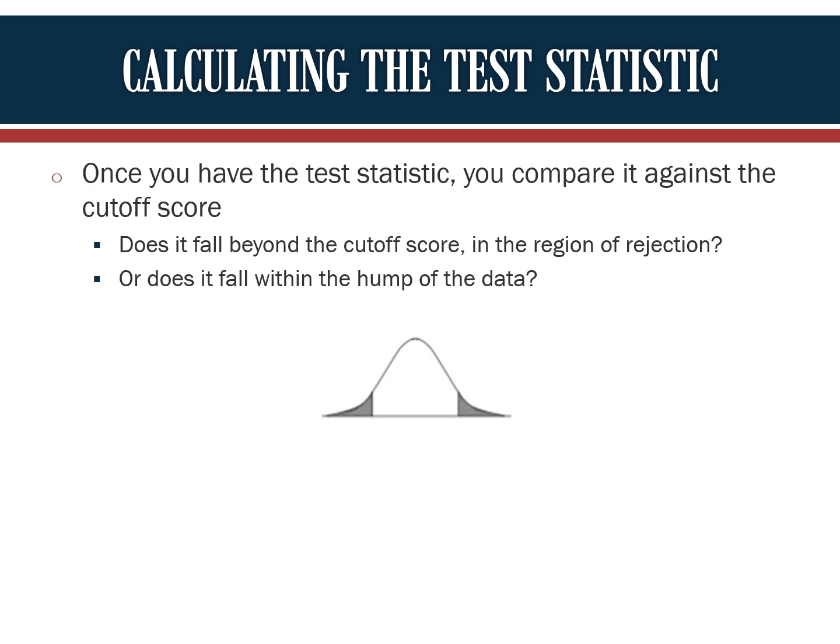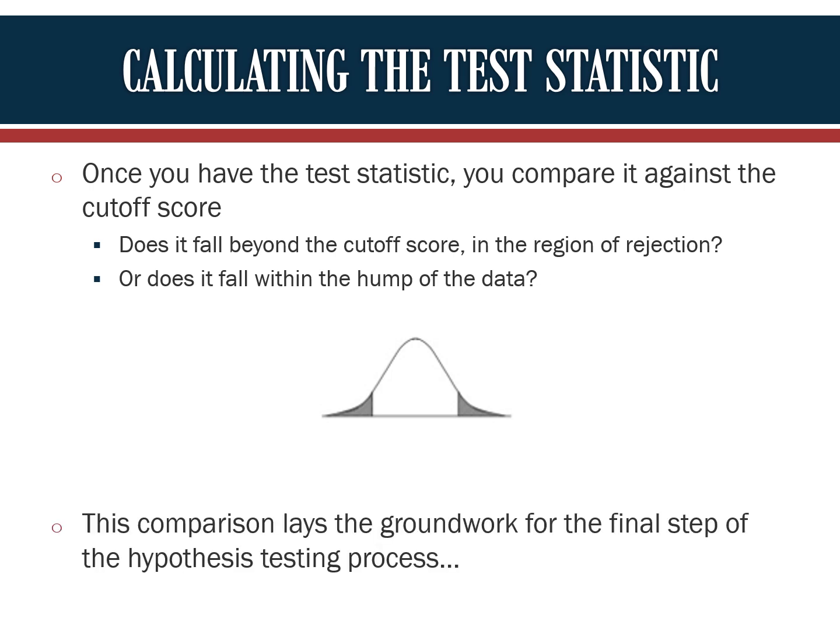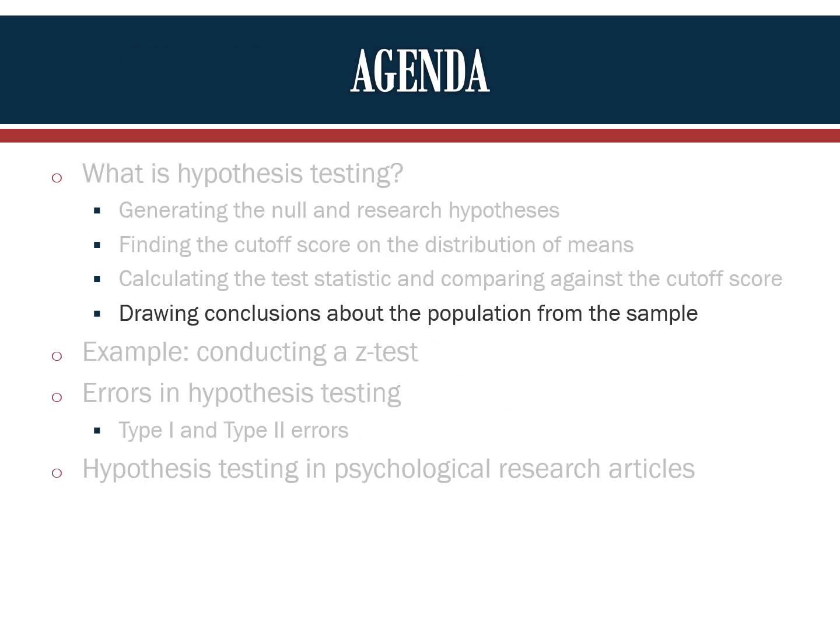Ultimately, what we're doing once we have our test statistic is deciding where it falls. Does it fall in our shaded region, which is the region of rejection, or does it fall in the unshaded region, which is the hump of our data? This comparison of the test statistic against the cutoff score lays the groundwork for the final step of the hypothesis testing process. The final step, of course, is to draw conclusions.